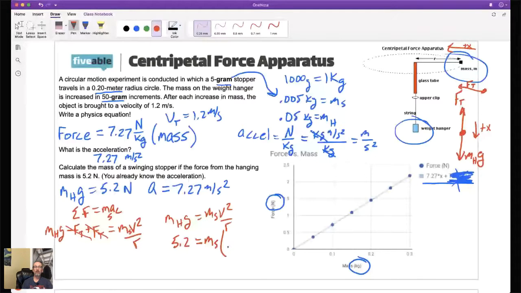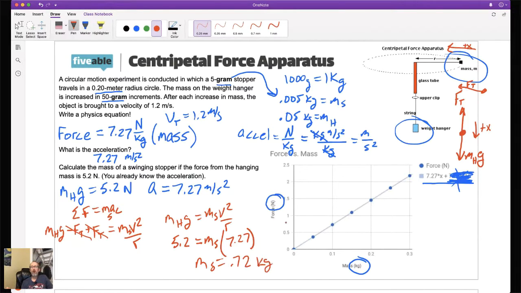And we said the acceleration is 7.27 meters per second squared. So let's find the mass of the stopper. We're just going to take 5.2 divided by 7.27, and that is 0.72. So here we've got the mass of the stopper equal to 0.72 kilograms.